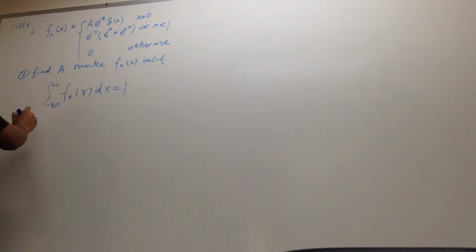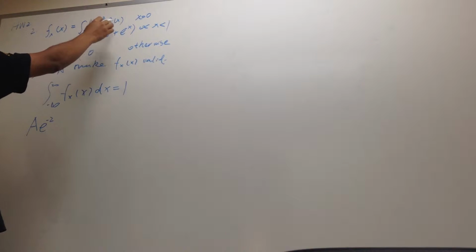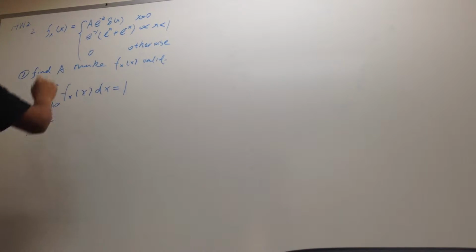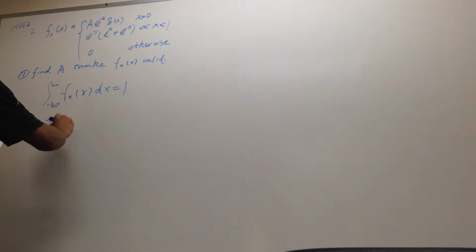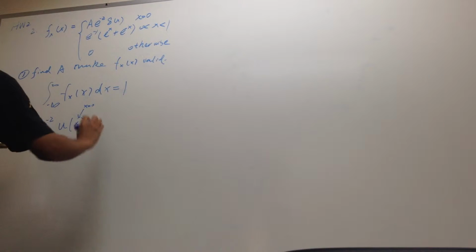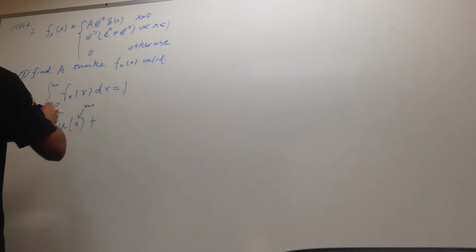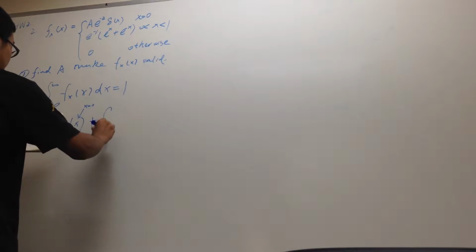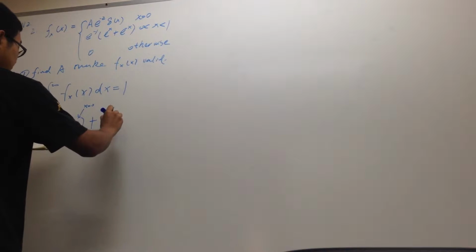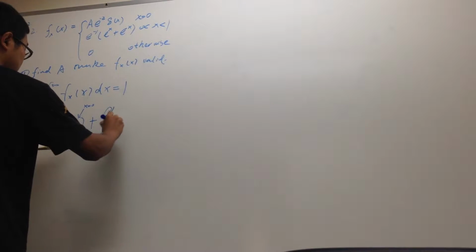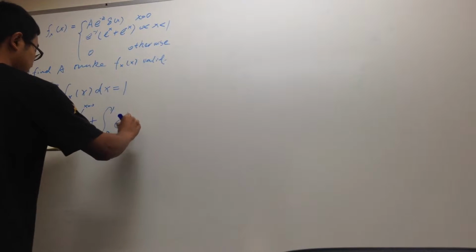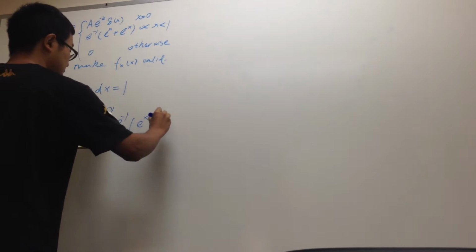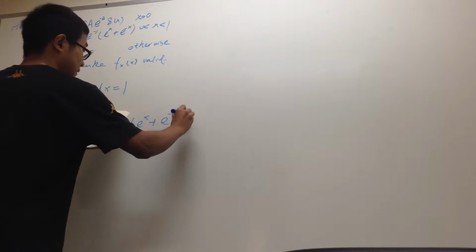We have A e minus 2, and if we integrate this delta x, we have u(x) at x equals 0, plus the integral from 0 to 1 of (e minus 1) e^x plus e^(-x) dx.